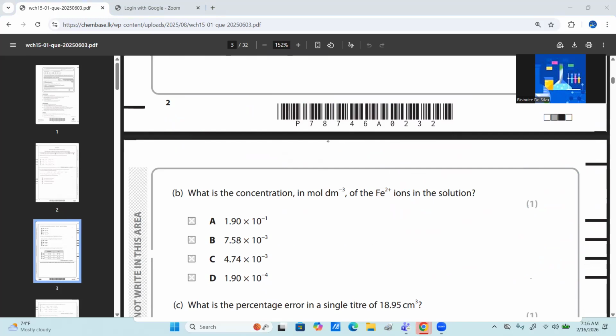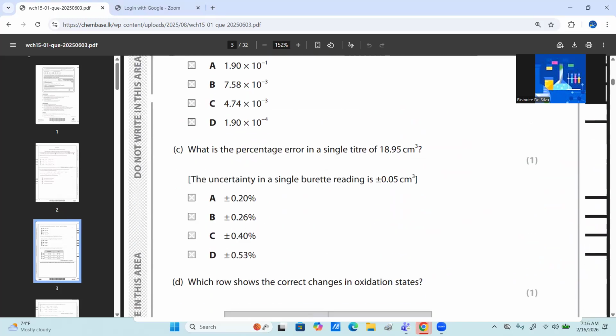What is the percentage error in a single titre of 18.95? We know percentage uncertainty is given by uncertainty divided by the value, into how many times we are using the burette, into 100%. So plus or minus 0.05, value is 18.95.